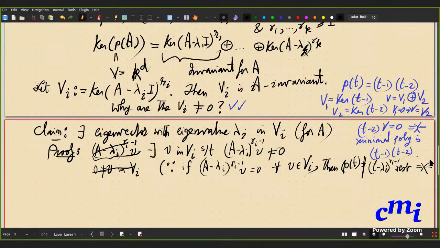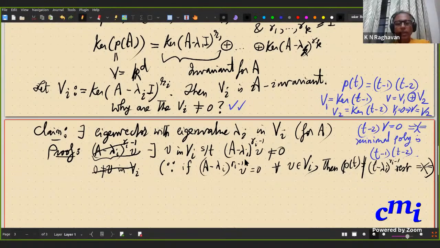Okay, good. So now that is clear. Now I take this V, meaning I choose a V such that this is non-zero.